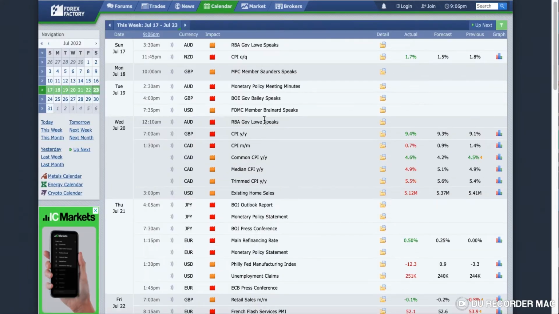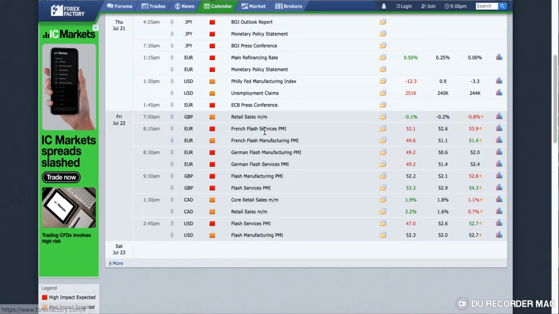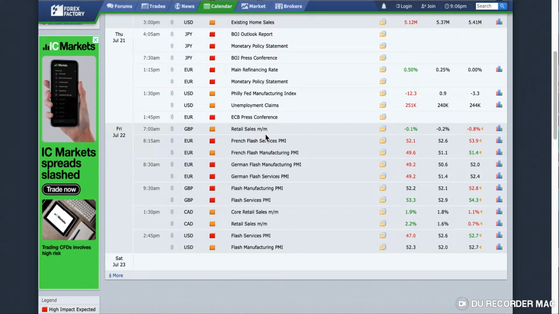The first one starts on Monday, the AUD monetary policy, the Japanese yen monetary policy, and the one that shaped the market the most is the flash manufacturing PMI, the euro-based news, which you can call recession-indicating news, because the result came out negative, lower than expected, and we really saw the impact in the market last week.